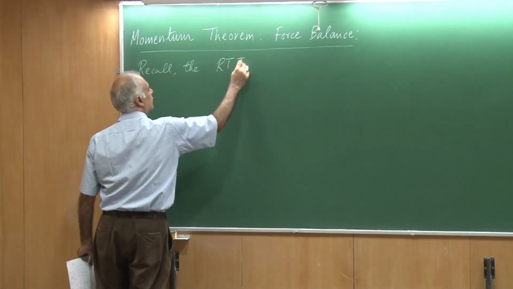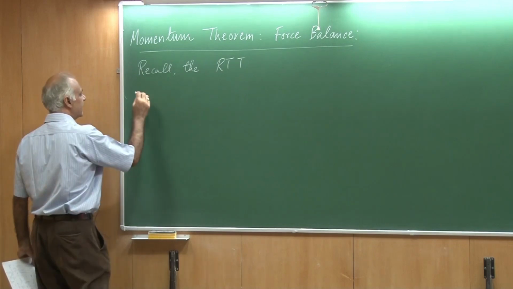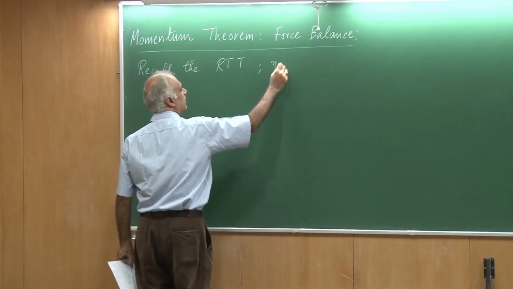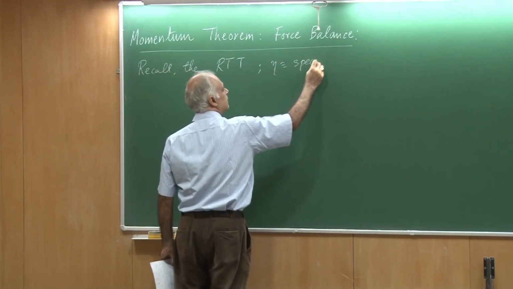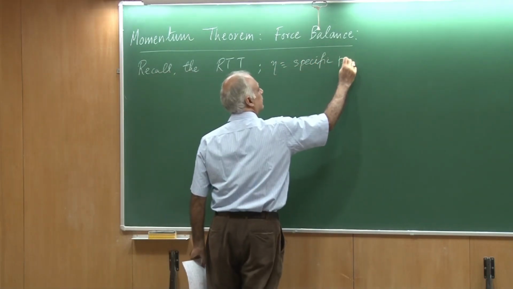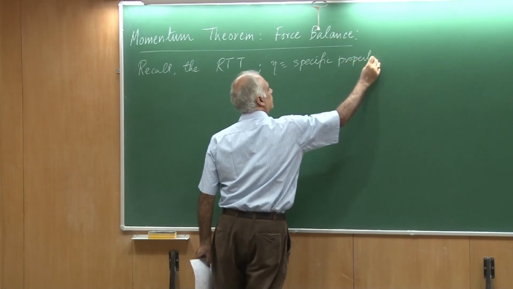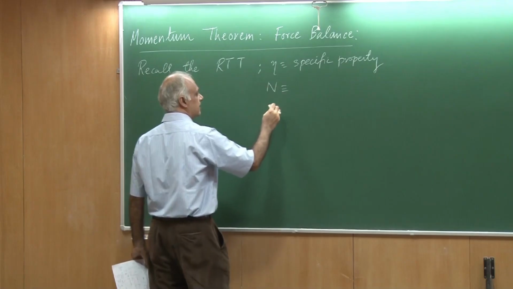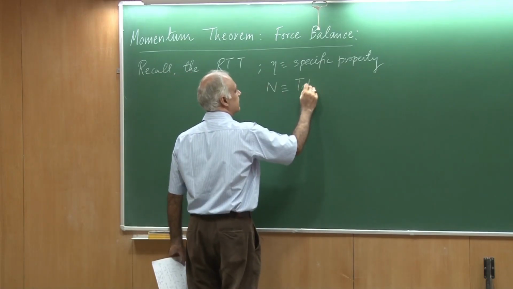the Reynolds transport theorem, which said that if I have a certain property, so eta is my specific property, and N is the total property in the CV.